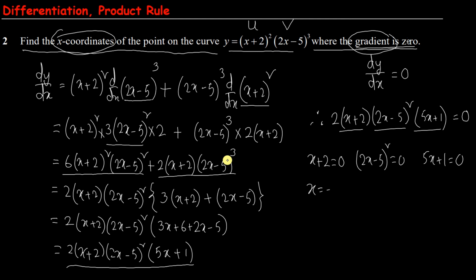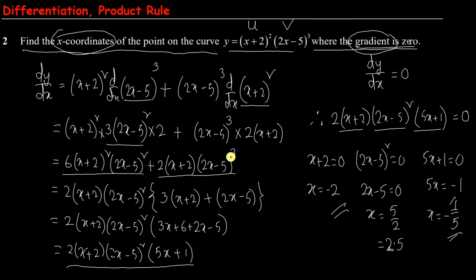So the x value we got from here is minus 2. From the second part, 2x minus 5 equals 0, because the square is given as 0, so x equals 5 by 2, or we can also write 2.5. And from the last one, 5x equals minus 1, so x equals minus 1 by 5. So this is our answer.